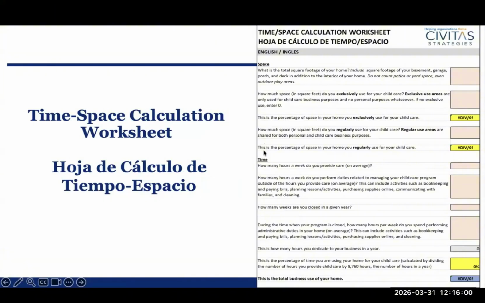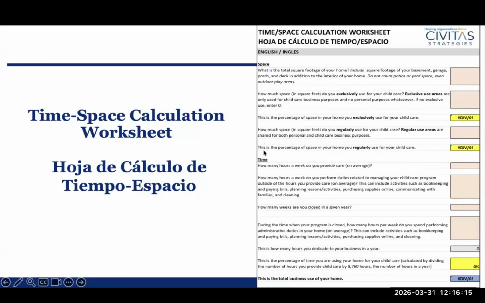What that worksheet is, it's basically an Excel template, a spreadsheet that you can use to plug in your own numbers. So if you have your own measurements, you can plug them in there.